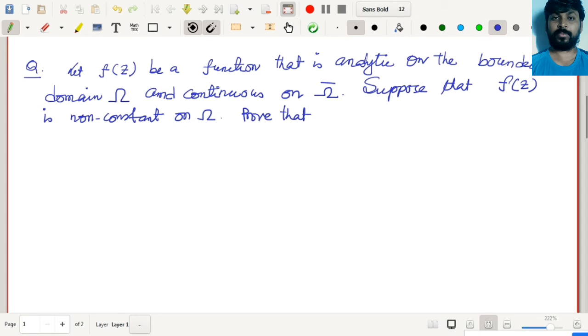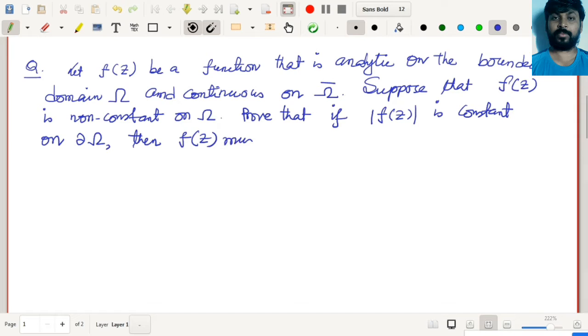Prove that if mod f(z) is constant on the boundary of omega, then f(z) must have at least one zero in omega.